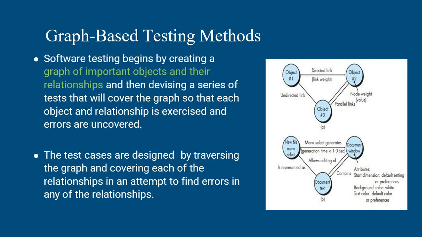To get this, we design the test cases by traversing this graph and covering every relationship of every object, with their data members and member functions. Based on that we create the test cases. What is a test case?